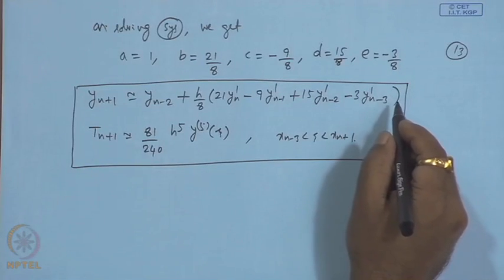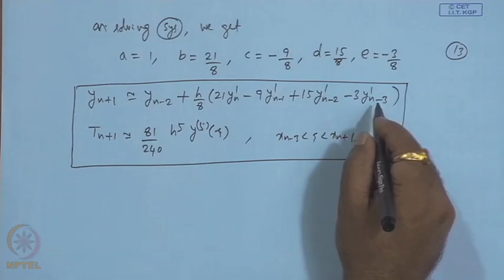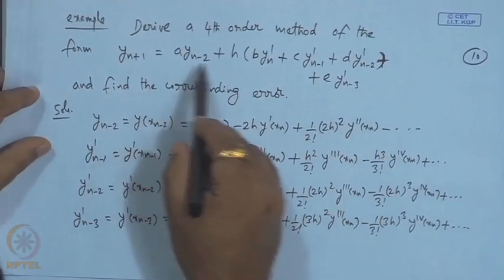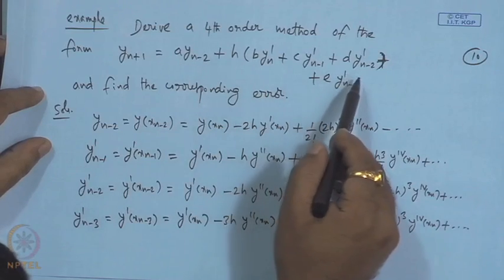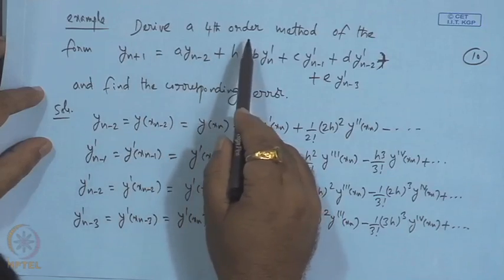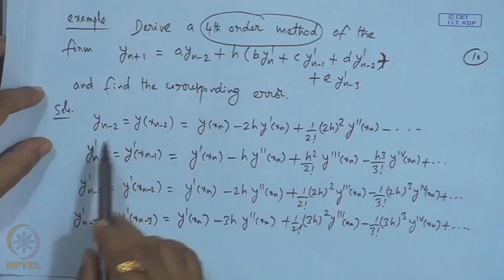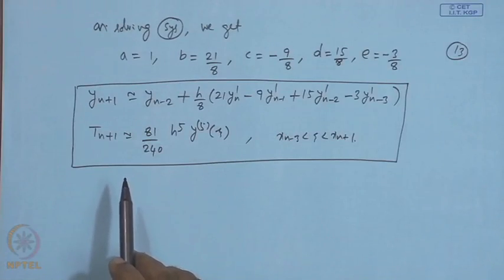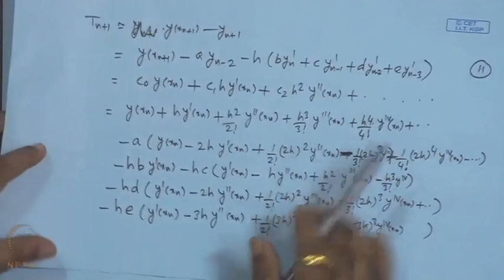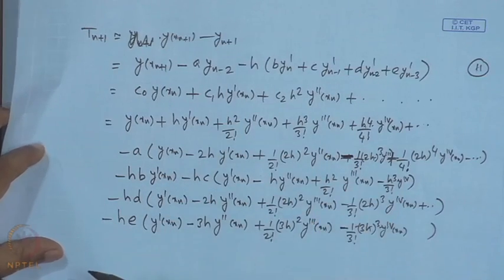So, that means what did we do? We were given a multi-step method where the coefficients are not known. It was asked to derive a fourth order method. So, then what did we do? We have expanded each of the terms and then we have considered the residual, that is the difference between the exact minus the approximation, and substituted the expansions.